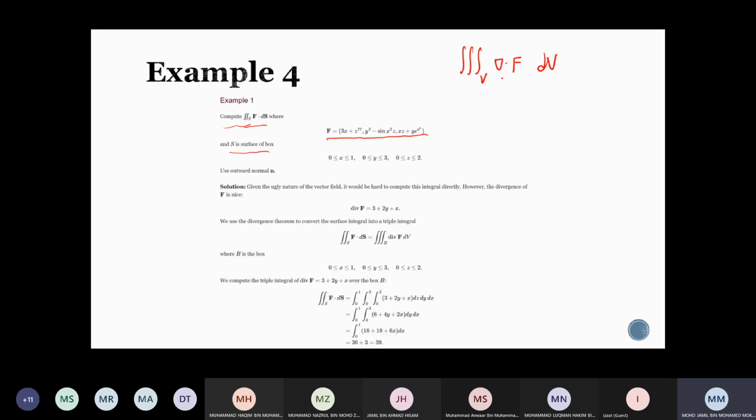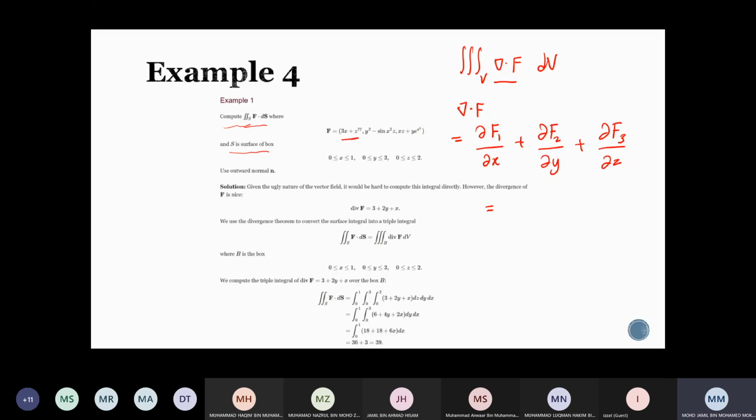Firstly, find the divergence of F. The divergence of F is del f1 del x plus del f2 del y plus del f3 del z. Let's look at del f1 del x.